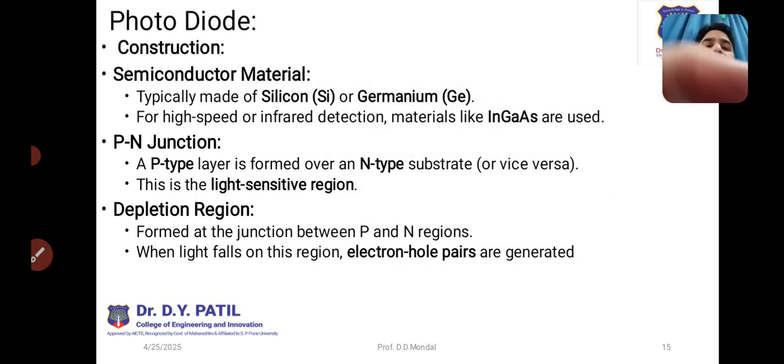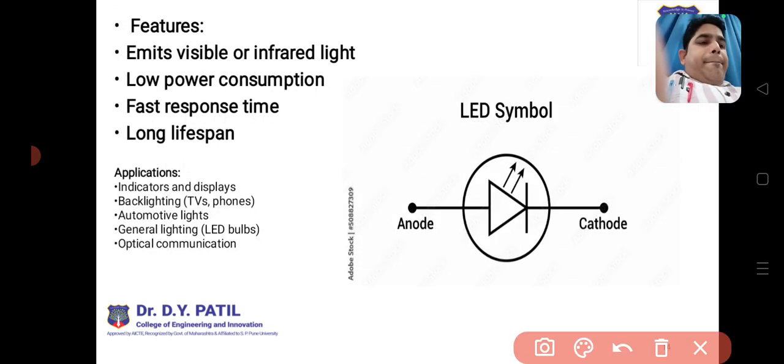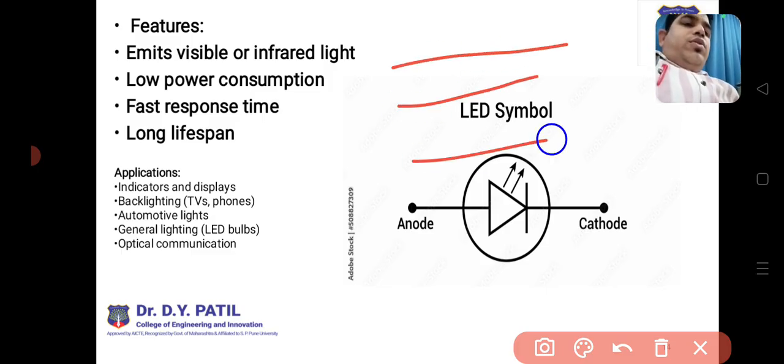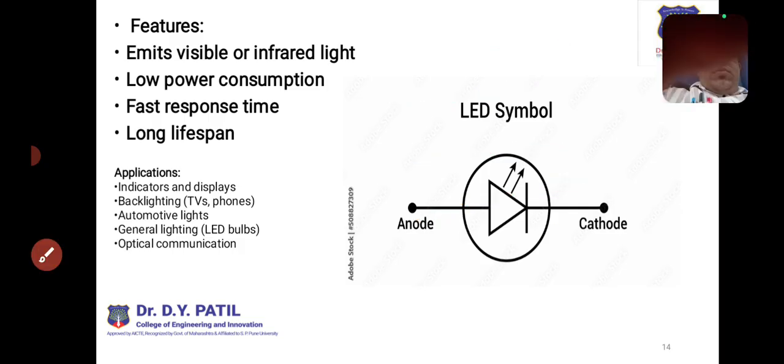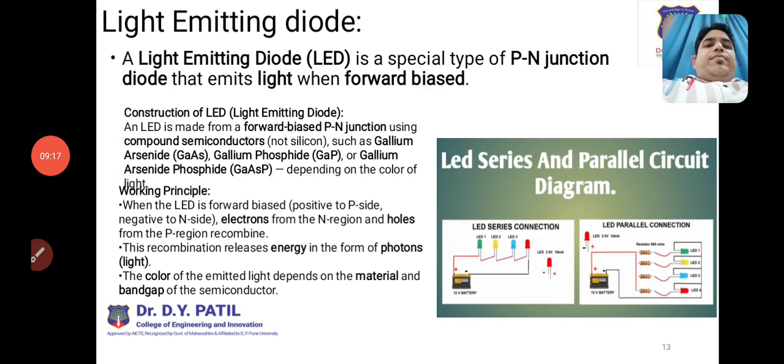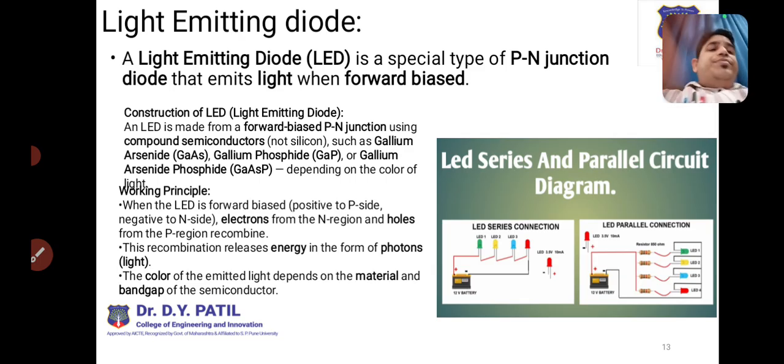As we already learned in physics, there are two regions. The light emitting diode, we are already familiar with the LED. We are using that LED in home appliances everywhere.